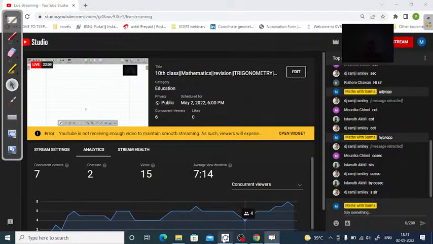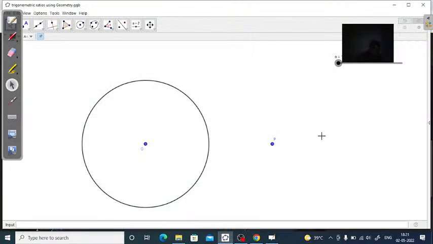Here, you just see, on the screen you can see a circle with center O, and P is any external point. Now just observe, the external point P is joined to the center of circle O. Now what happens here?